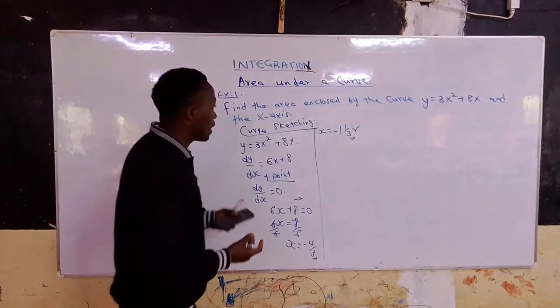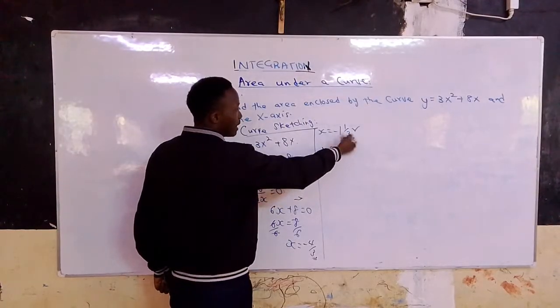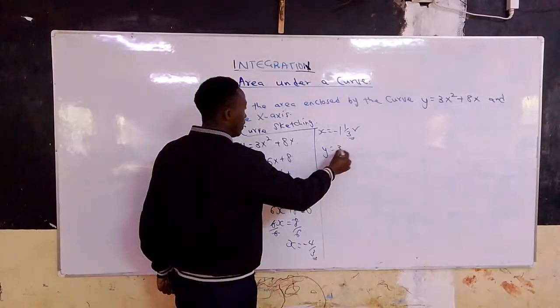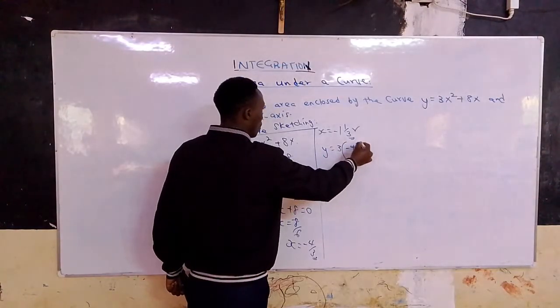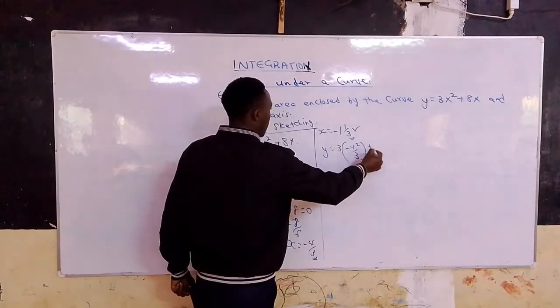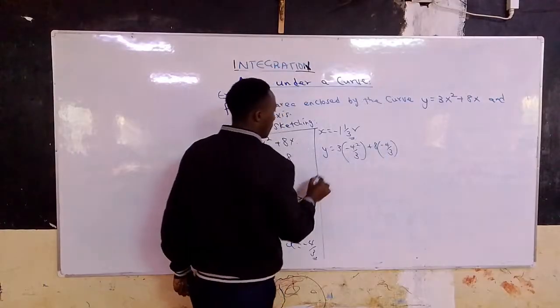So having that, we can determine y, and our y, having this as our x, will be 3 multiplied by negative 4 over 3 squared plus 8 multiplied by negative 4 over 3.